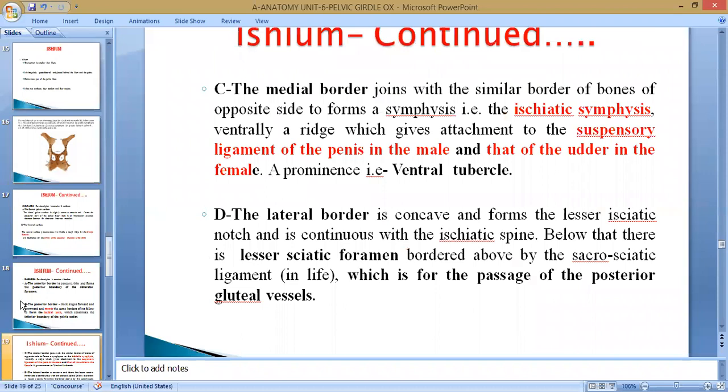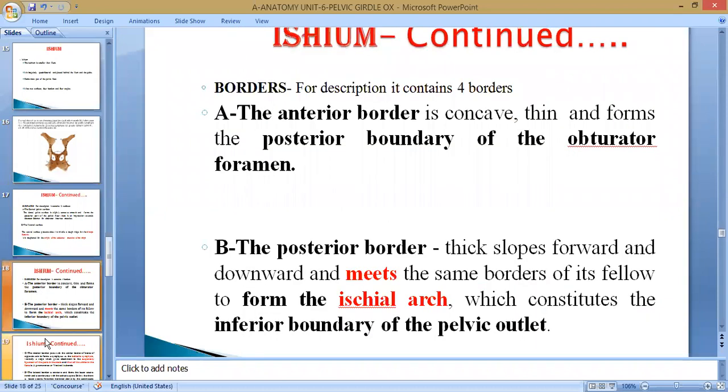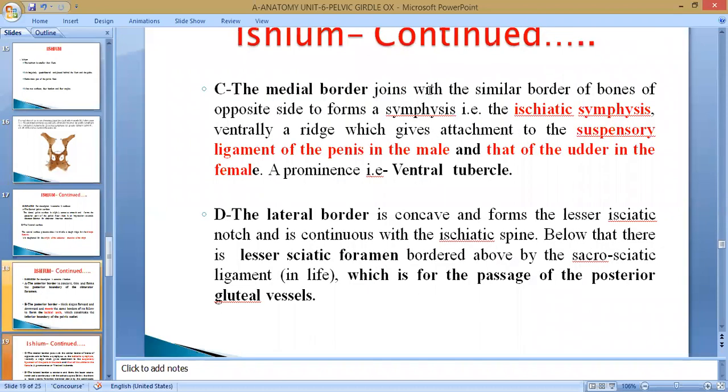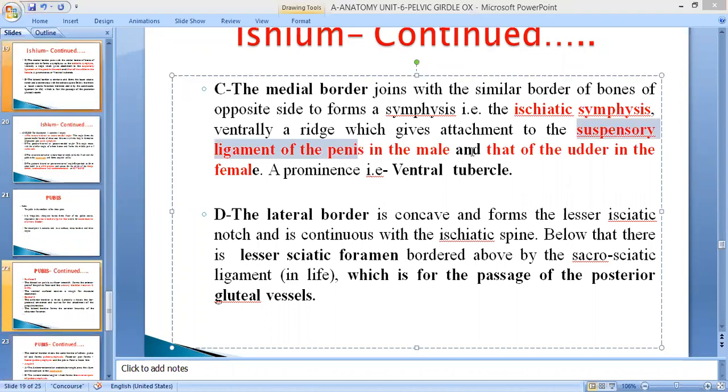Next is the medial border. The medial border comes in contact with the opposite side bone and forms a symphysis known as the ischial symphysis. In the male, from the ischial symphysis there is the origin of a ligament known as the suspensory ligament, which supports the male genital part, and in the female, the genitalia, mainly the accessory sex gland, the udder.